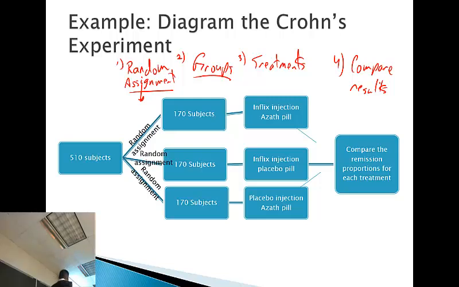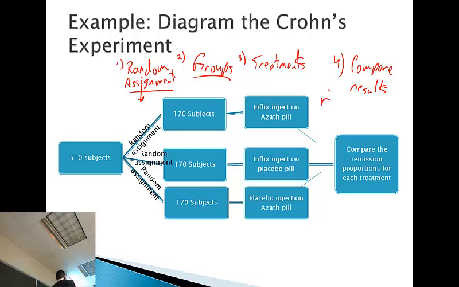So use some kind of computer or technology to put them into these groups, and then after half a year, see how many people still have issues with the Crohn's. See how prevalent Crohn's disease is here. So we'll call this a remission rate for injection and AZAP. So you get one remission rate, right?